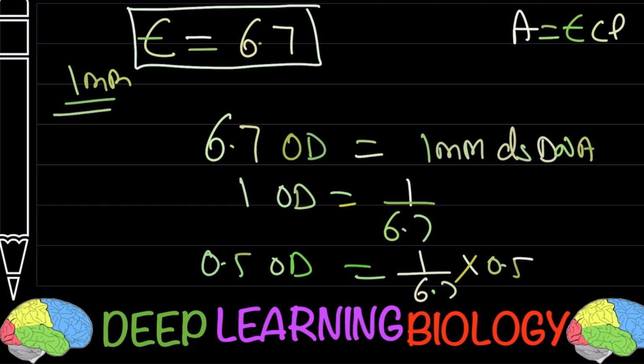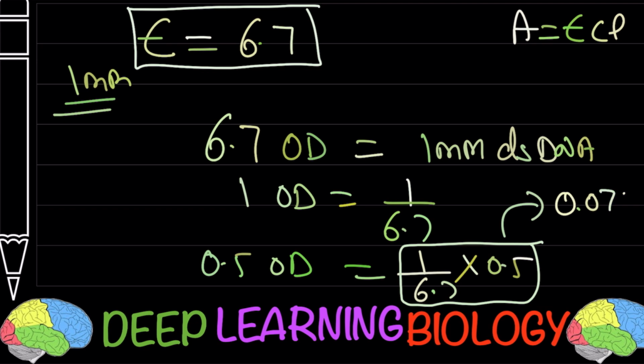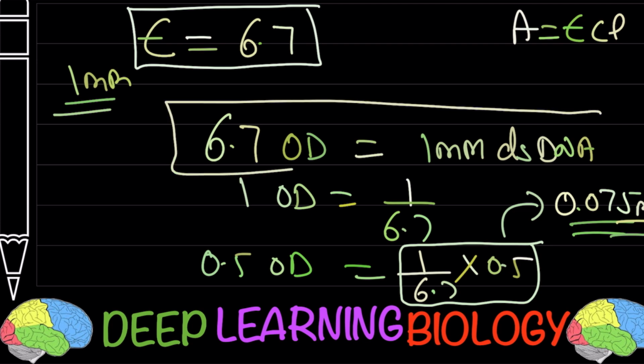If you solve this, hopefully the answer will come 0.075. Please check, do it yourself. So this is the answer in millimolar. Quite easy, just keep in mind 6.7 OD is equal to 1 millimolar double stranded DNA.